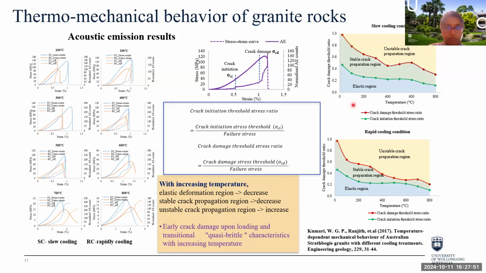With increasing temperature, we observed both the elastic region as well as the stable crack propagation region of granite decrease, with the increase in unstable crack propagation region showcasing the rapid damage. And cooling of heated samples in a rapid manner further accelerated these mechanisms.